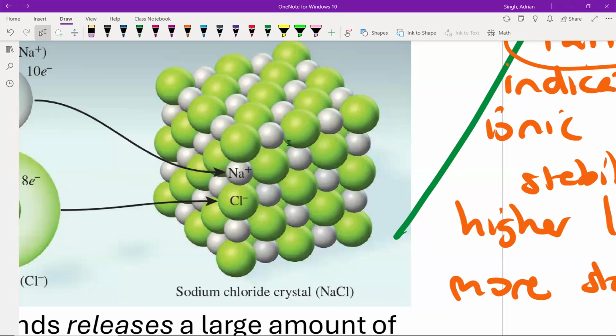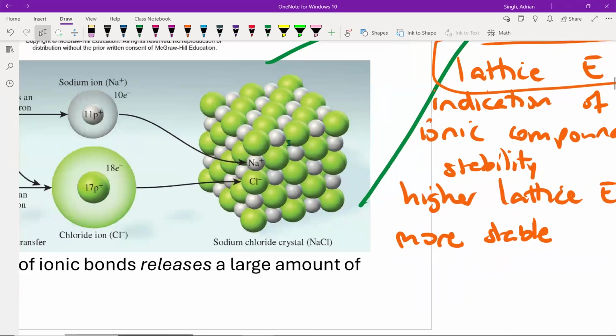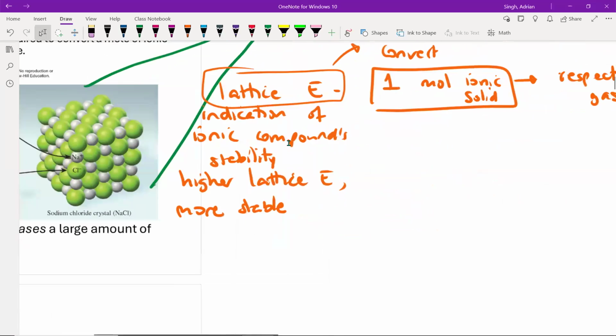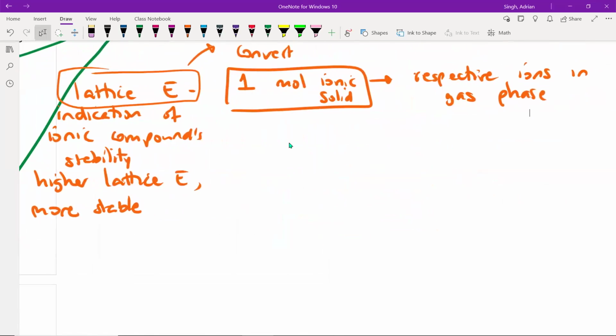That just makes intuitive sense. Think of two magnets attracted to each other. If there's a strong pull, you need to provide a lot of energy to separate them. If the attraction is weak, you don't need to provide a lot of energy. That energy that you provide is what the lattice energy is: the amount of energy needed to take that solid and convert it into the ions in the gas phase.